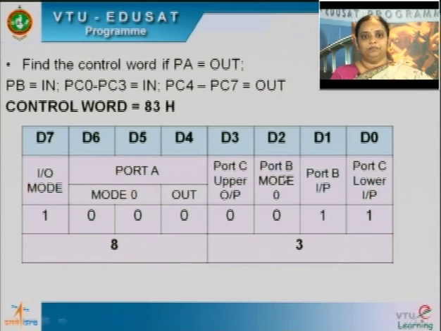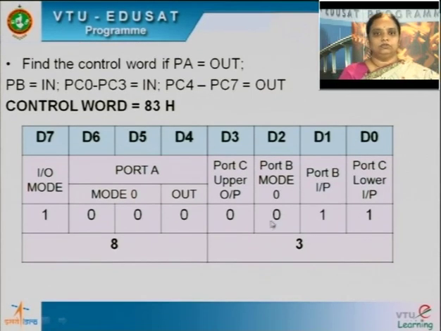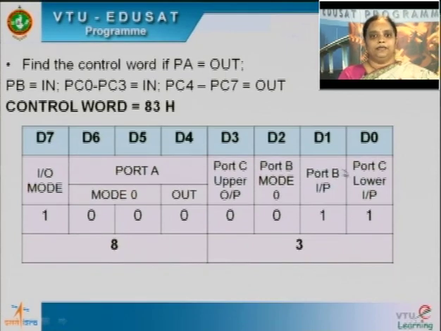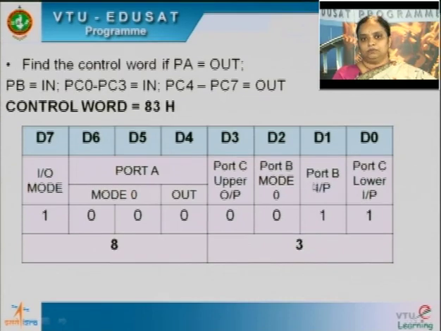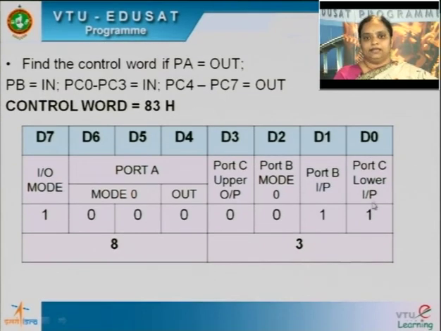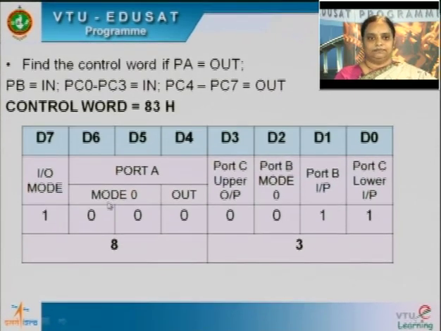Then we have port B mode, only 2 modes, either 0 or 1. Here we have simple mode 0. Then port B is to be configured as input port, so this bit will be 1, and the last is port C lower, and port C lower is input, so that is 1. Grouping 4 bits together, the control word is 83H.